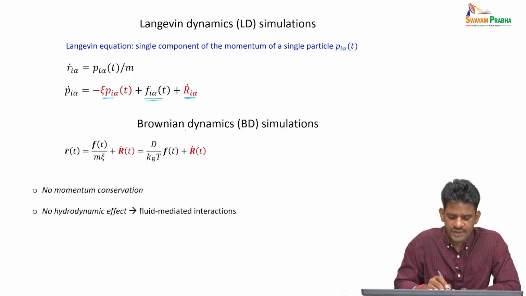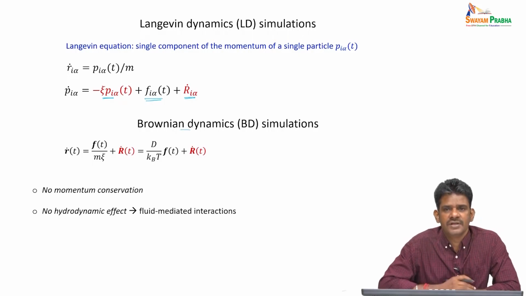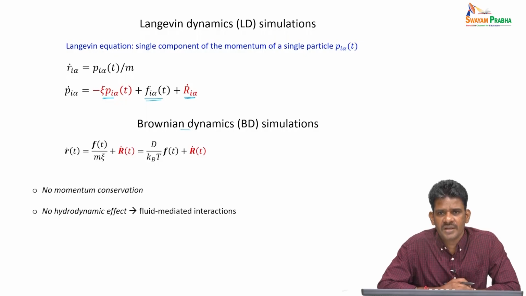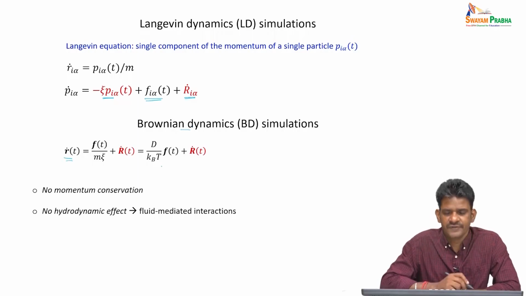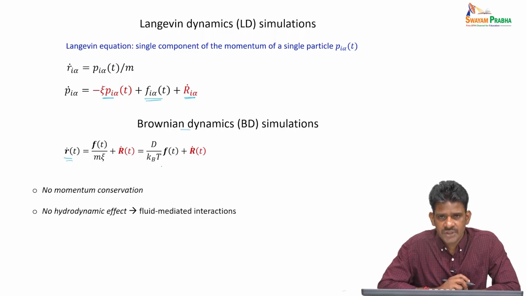And yet another simplification is possible, where we can think about a time scale where the momentum variables can be considered constant. So we leave them out and look at only the rate of change of positions, which is also known as the positional Langevin equation or Brownian dynamics.